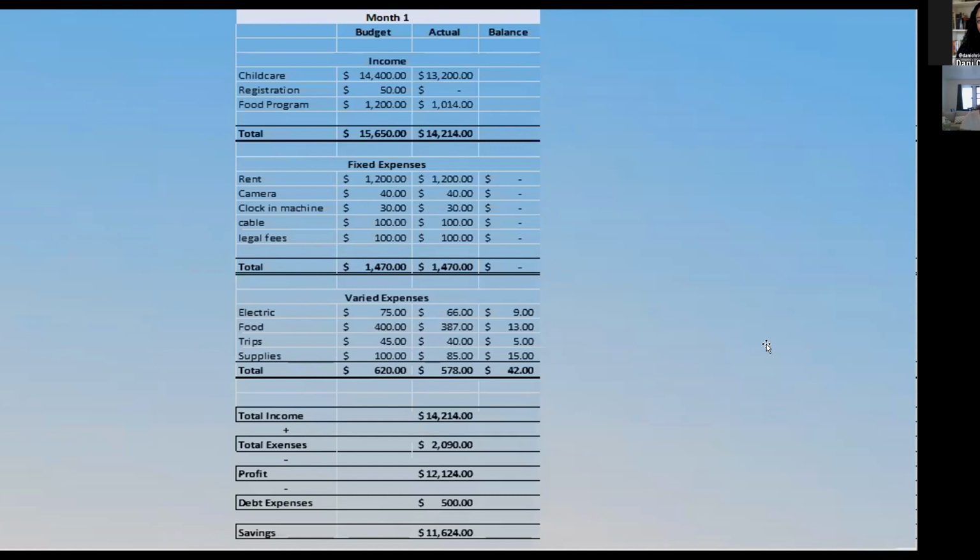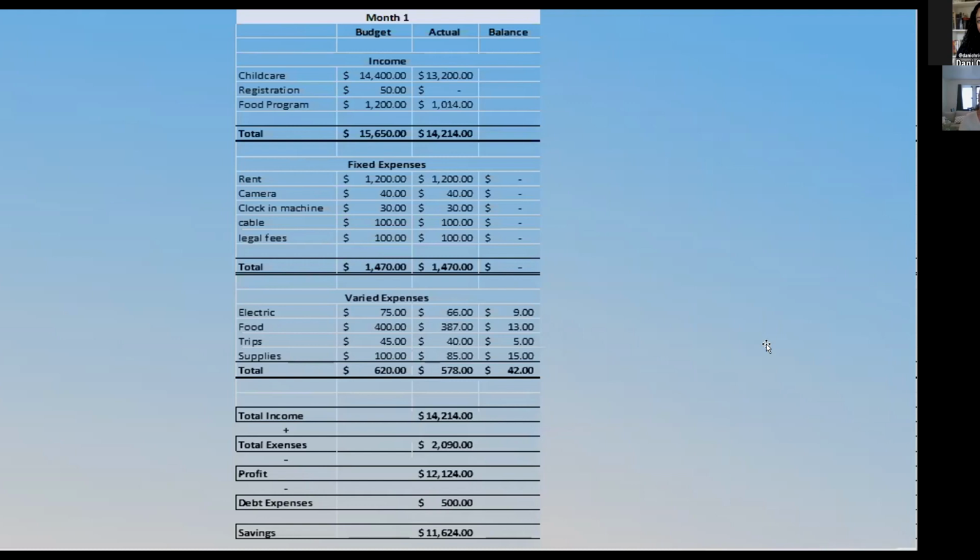So in this example, for month 1, I expected that I was going to earn $14,400 in childcare. I have space for registration fee, $50, and I expect to get $1,200 in the food program. What I actually did earn was $13,200 and only $1,014 in the food program.